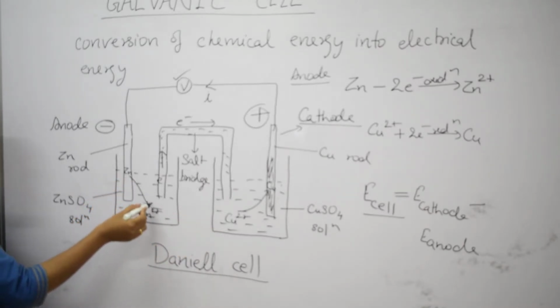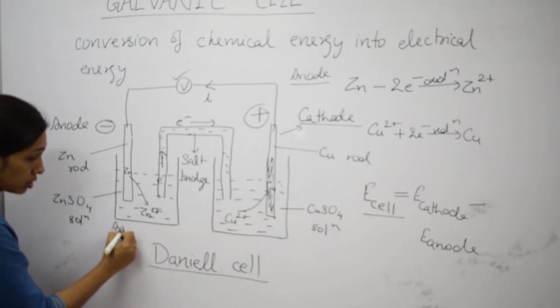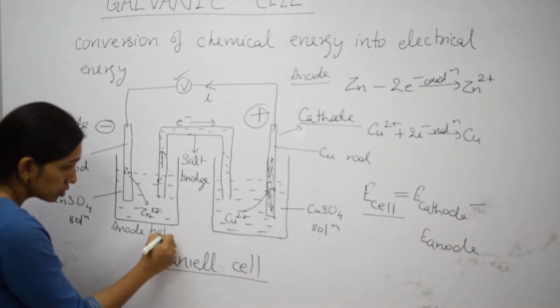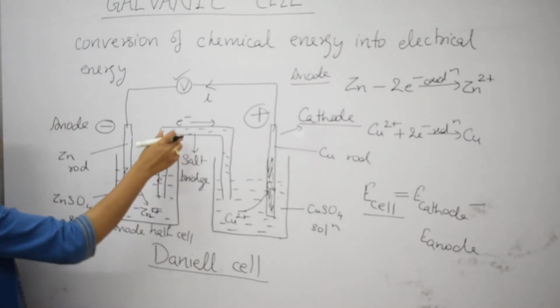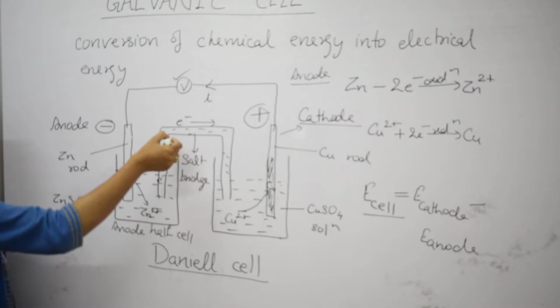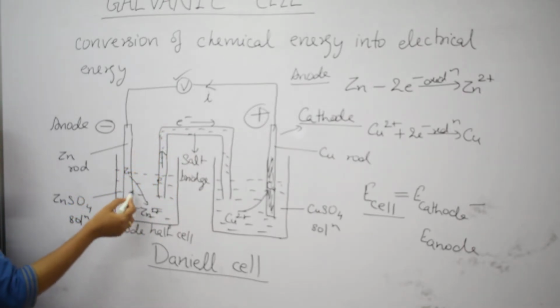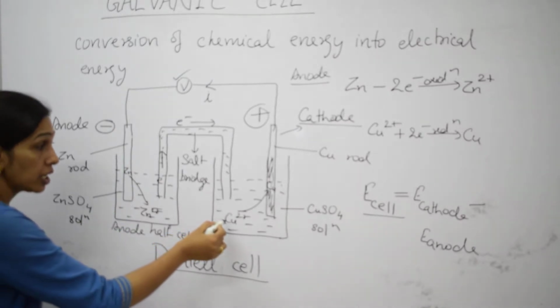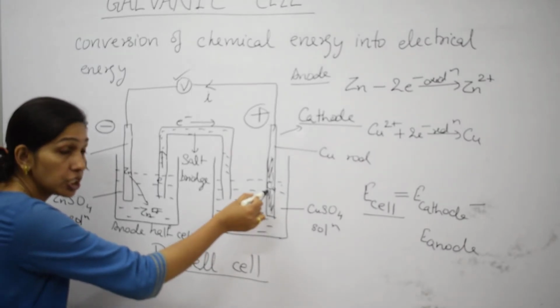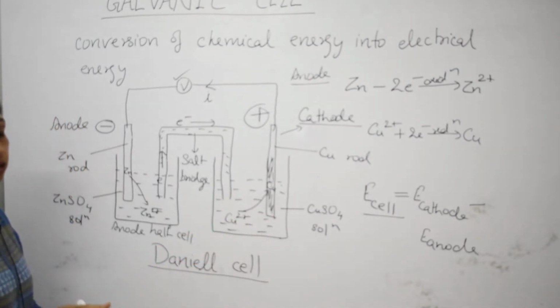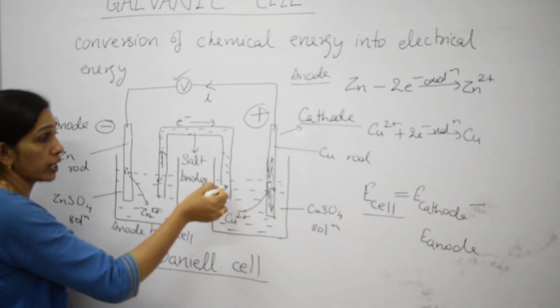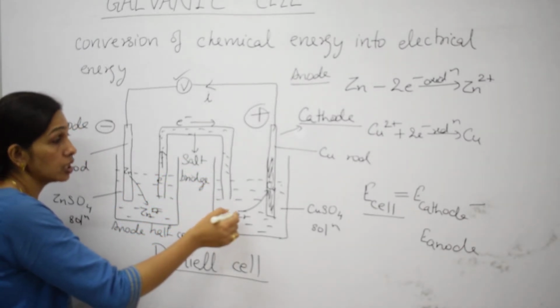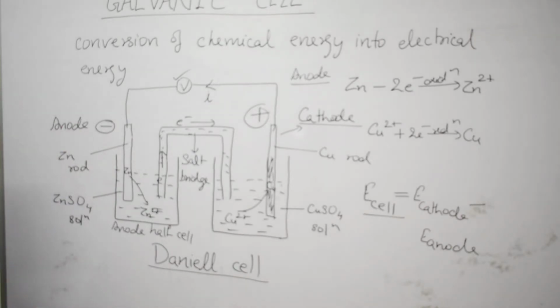As the concentration of zinc ion increases here in the anode half cell solution, the salt bridge provides oppositely charged ions to maintain the electrical neutrality here, meaning negatively charged ions. And as the copper 2 plus ion concentration decreases here in the cathode half cell solution, the salt bridge provides the positively charged ions to maintain the neutrality of the solution.